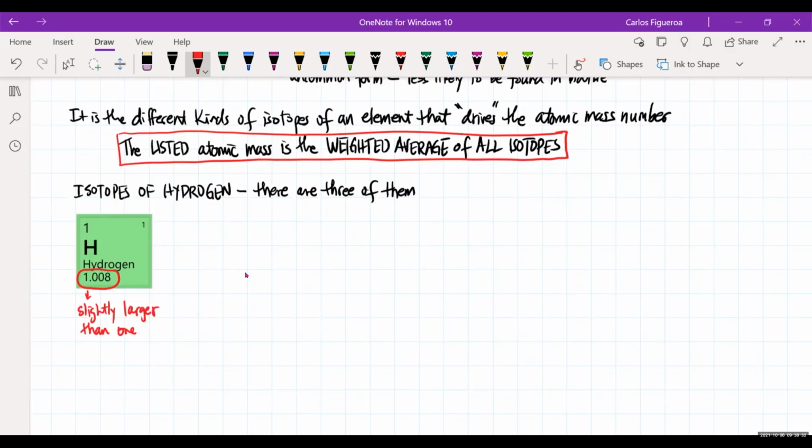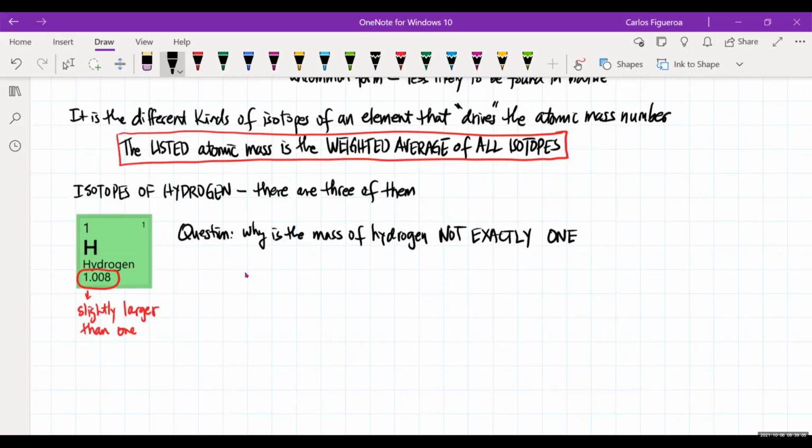So what do I mean by that? I'll ask this as a question, so I try to be as clear as possible: why is the mass of hydrogen not exactly 1? Why isn't it exactly 1?